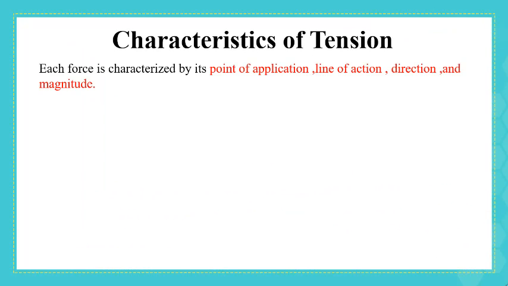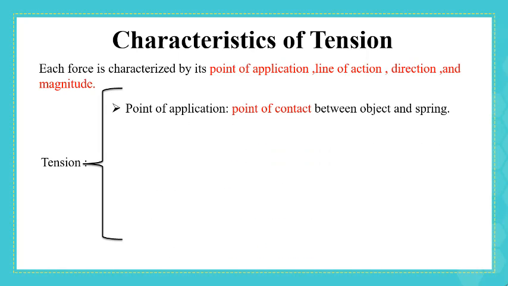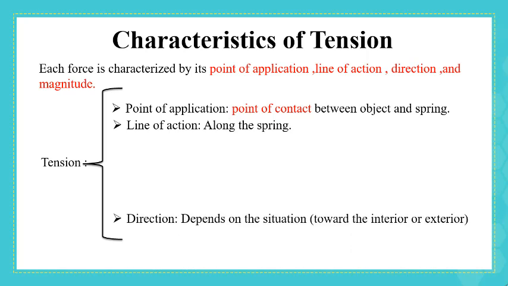Each force is characterized by its point of application, line of action, direction, and magnitude. So, let us list the characteristics of the tension force. Point of application is the point of contact between the object and the spring. Line of action is along the spring.